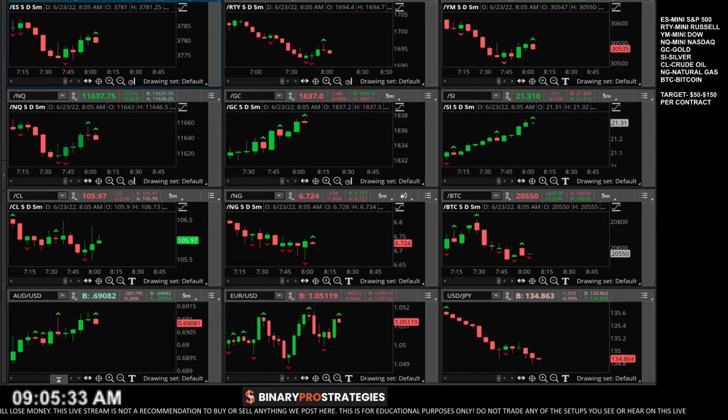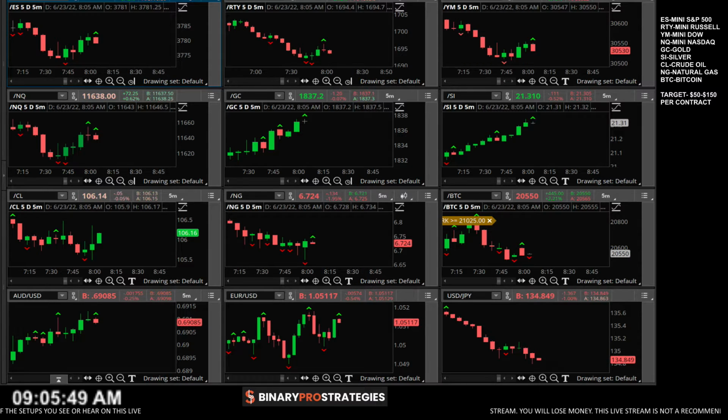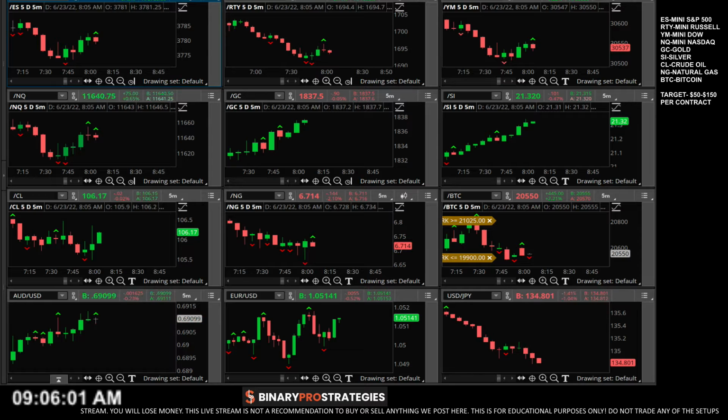That is going to be the profit target. If we don't hit the profit target on Bitcoin, it's going to want to reverse at 19,900. Which means if we don't hit target and for some reason it comes down to 19,900, we would exit long, reverse, and go short.